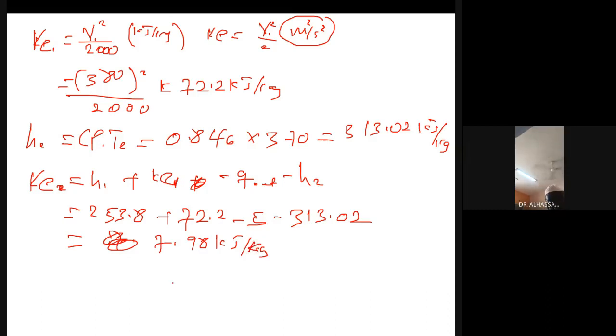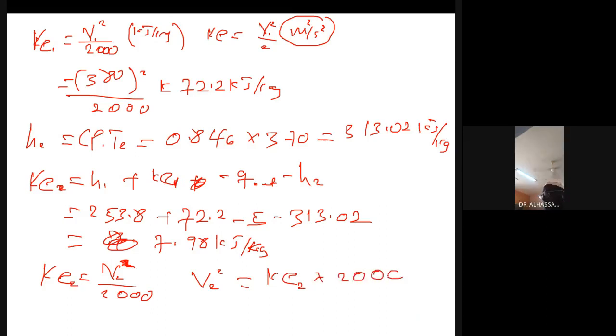Now we need to determine the velocity at state 2. The kinetic energy at state 2 equals to V2 squared divided by 2000. So V2 squared equals to kinetic energy at state 2 times 2000.